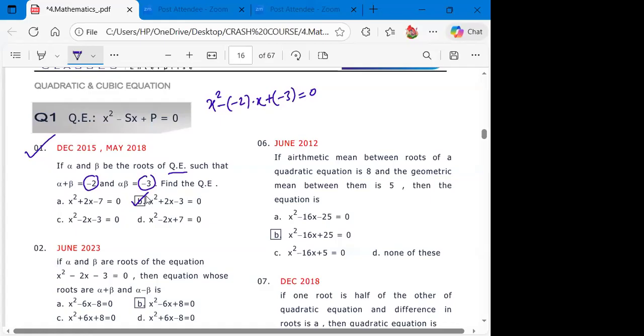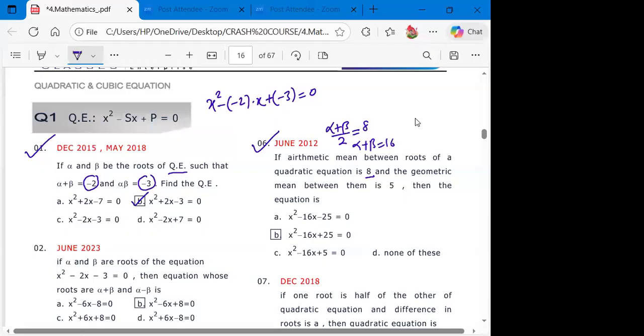Now, listen carefully. This 6th number. If I say, sir, roots are alpha and beta, so arithmetic mean will be alpha plus beta by 2. Arithmetic mean is what? Total by 2. And it is given as 8. So, sir, alpha plus beta becomes 16. Now, sir, geometric mean is given as root 5.